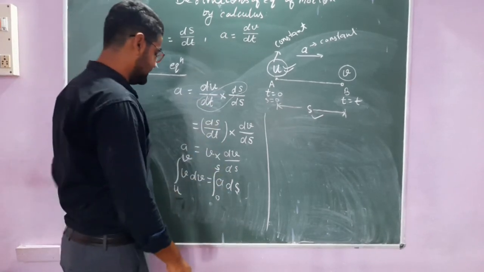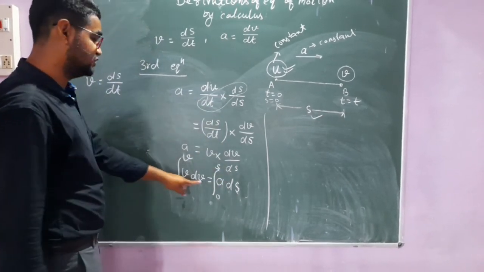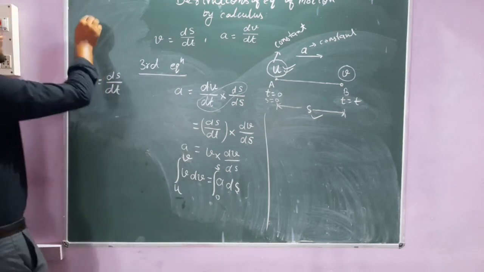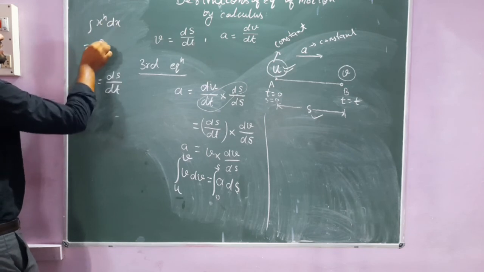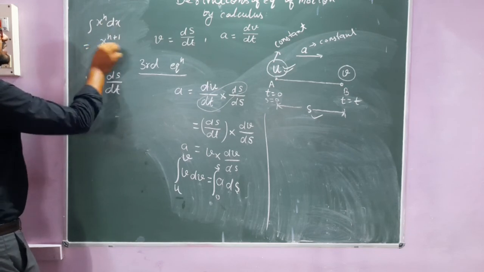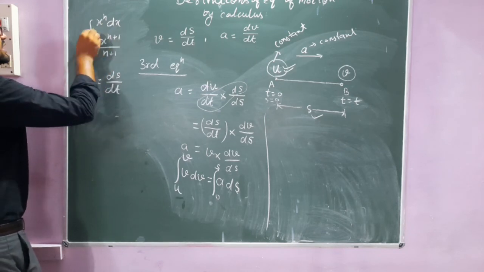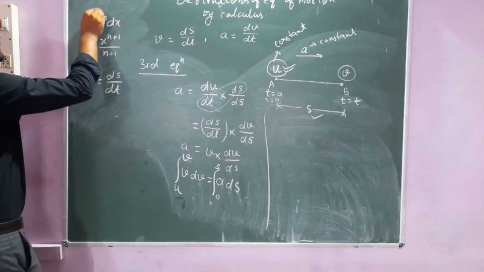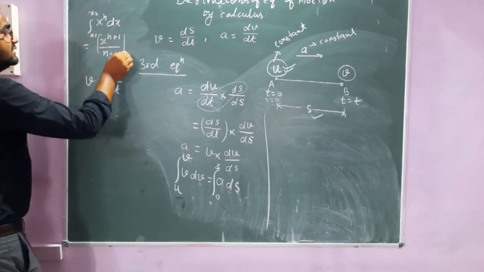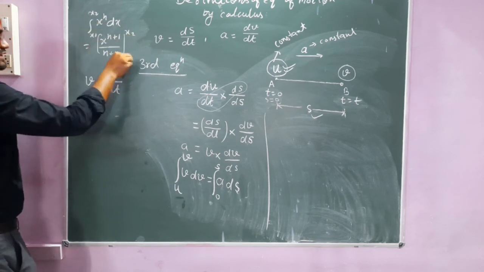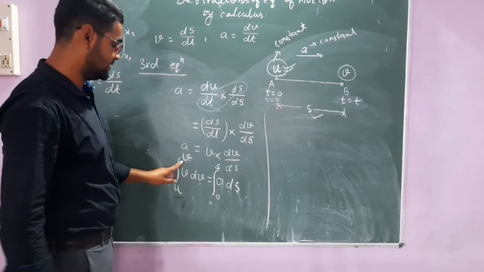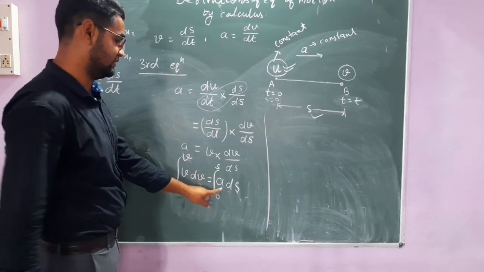Now we have to integrate. Then this is also x to power n dx. Integration x to power n dx will be equal to what? x to the n plus 1 divided by n plus 1. If this is with certain limits, then we have to put limits x1 and x2. Here limits u and v, then we have to put v and u.